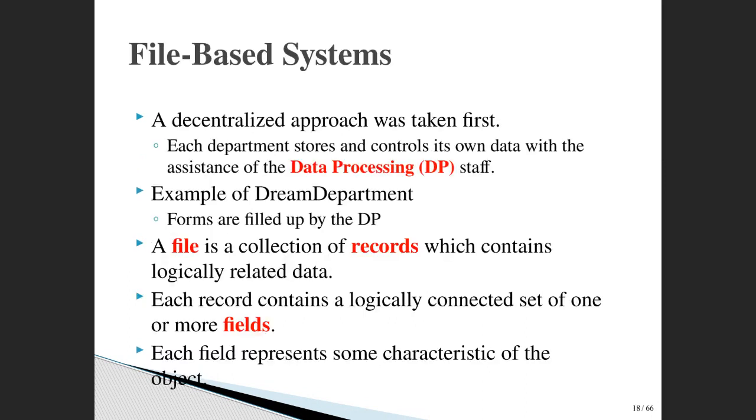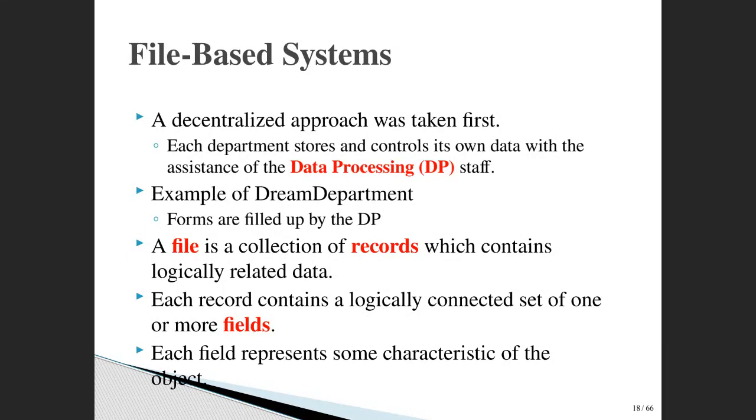In the file-based system, we said there are some terms to be considered. The file is the main part of the file-based system, and it includes a number of records, and the records also contain a number of fields with some characteristics about each object.